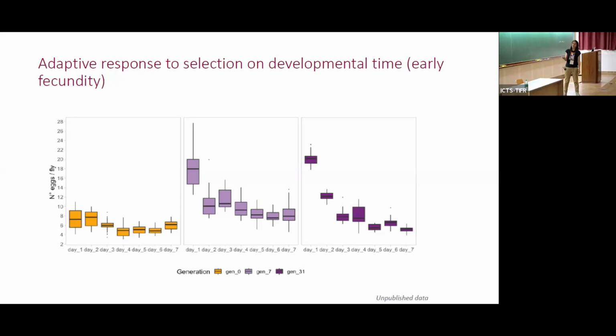We see that in addition to the increase in the number of eggs that these flies lay, the peak of fecundity is also shifted towards earlier days. At generation 31, day 1 or 2 are the ones that have the peak of their fecundity. So it's kind of like adaptation for early fecundity and higher fecundity.